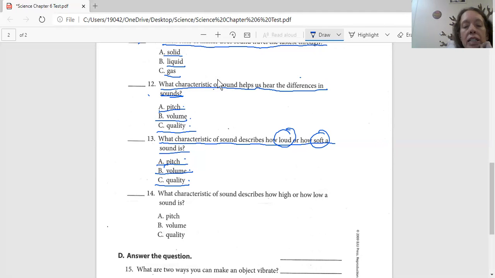And number 14, your choices are pitch, volume, or quality.